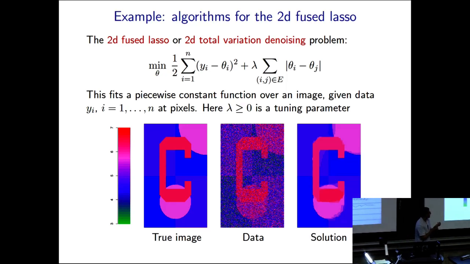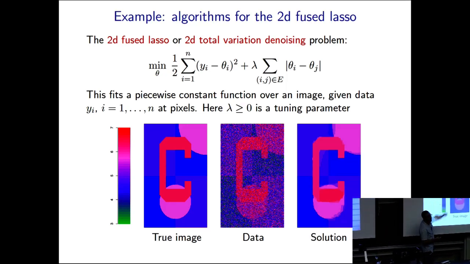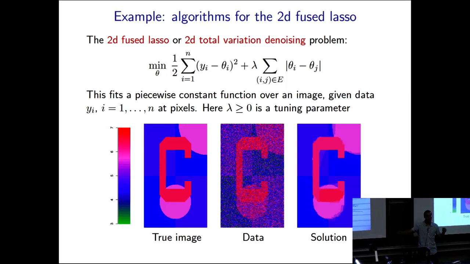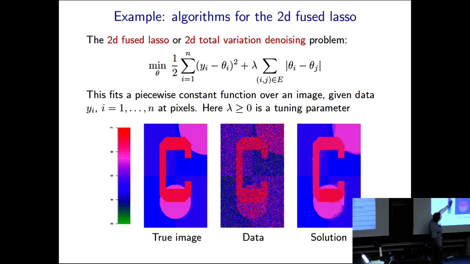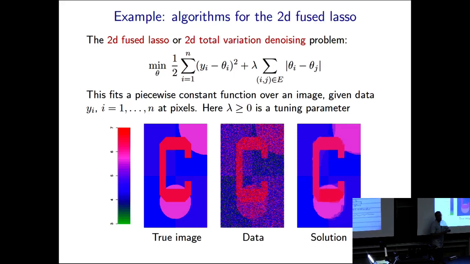So at every pixel in the image, I have a real value. I'm going to call that y. Now I'm going to unravel that image into a vector. So y is just one big, long vector. If this is 300 by 100, y is of length 30,000.